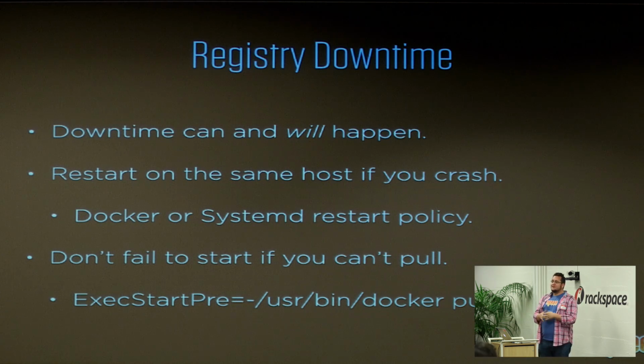If you let your scheduler move it to another machine and it tries to start it and the registry's down, you now have a permanently down node in your replication controller that you can't correct. So that's one thing. In systemd, we just don't fail on Docker pull. You have this little dash after the equal sign in your systemd unit, and it says, hey, if you can't do this, just keep going. So you can restart.